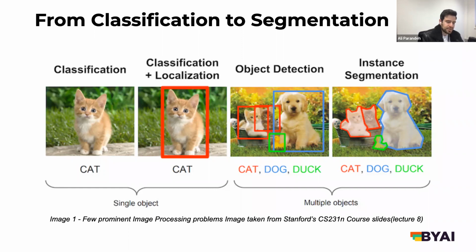The next step is when you have multiple objects in the image and you want to classify different classes of objects within the image and draw the bounding box around them. And the last step, this is the most complicated part, is you want to not just classify the objects in the image or detect them, but you also want to draw the exact boundaries of the object in the image.